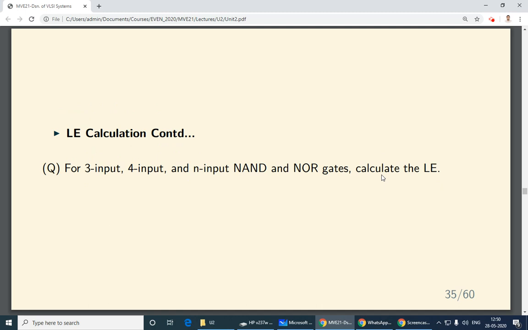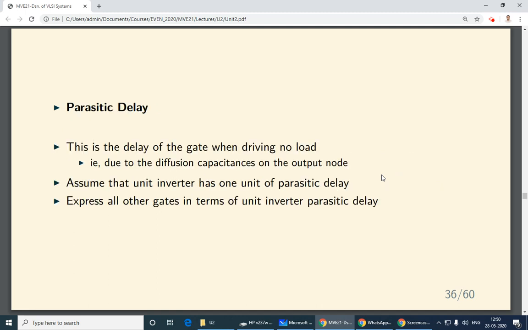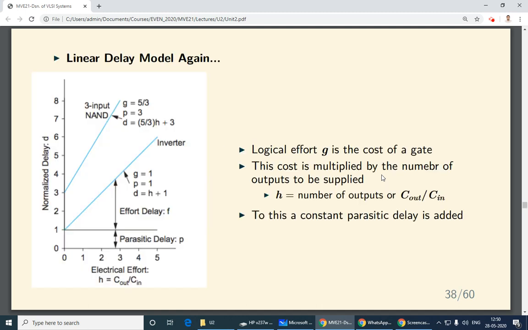Sometimes we also call it the fan out. So that is the last term, and the calculation of h, electrical effort or fan out, is just given by the output capacitance divided by the input capacitance.